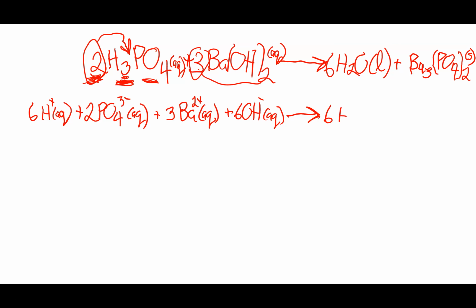So 6H2O, liquid. We're not breaking that up because it is a liquid. We don't break up solids, liquids, or gases. And that also means in this case, we're not going to break up the barium phosphate because it is a solid. And that would be the total ionic equation for this particular reaction.